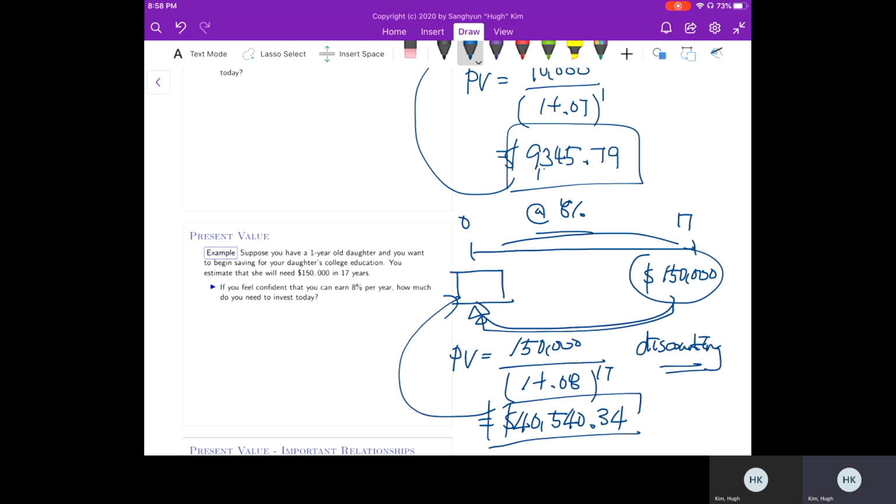That's why interest rate is sometimes called discount rate. Also, in reverse, the process of finding the future value is called compounding, that we have seen earlier.